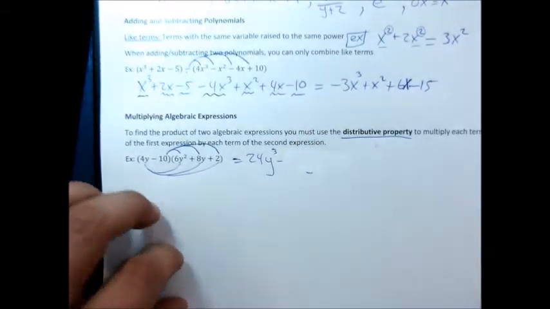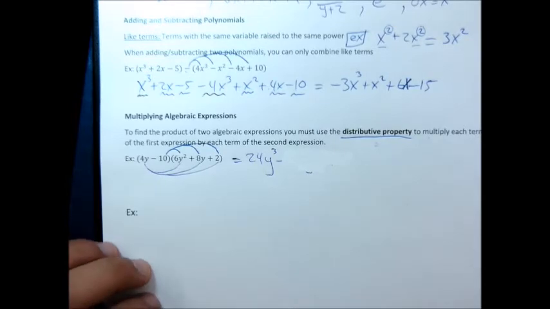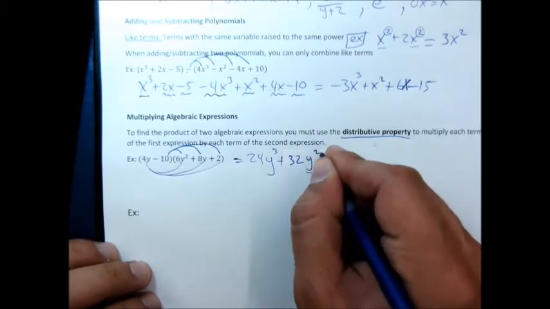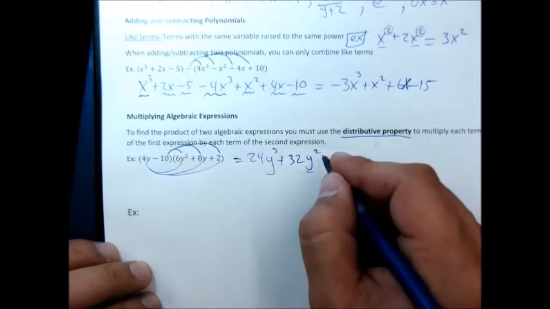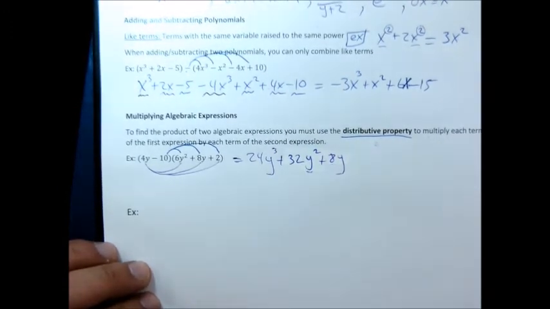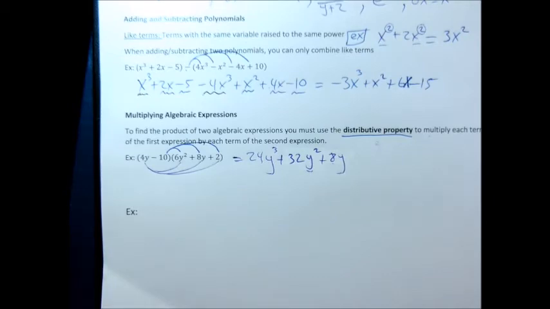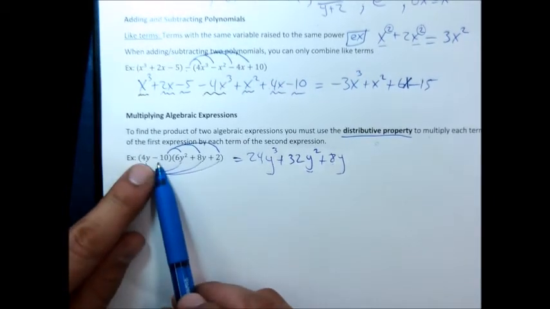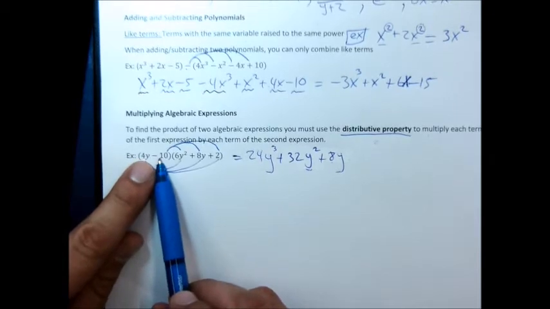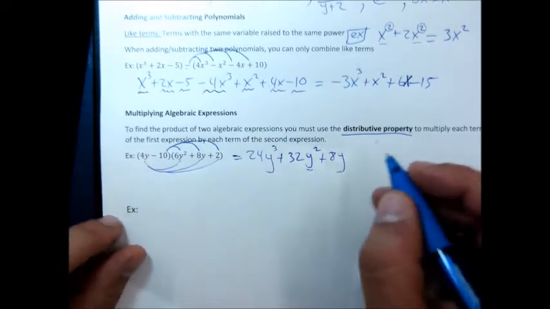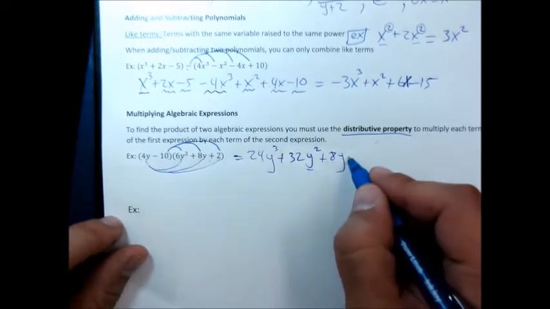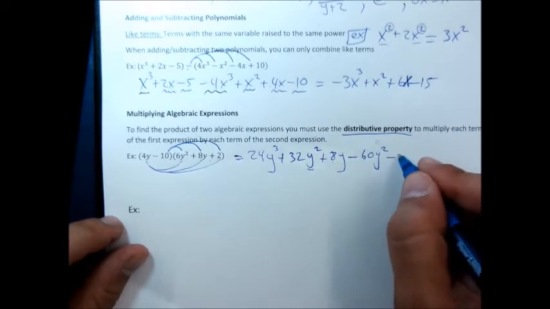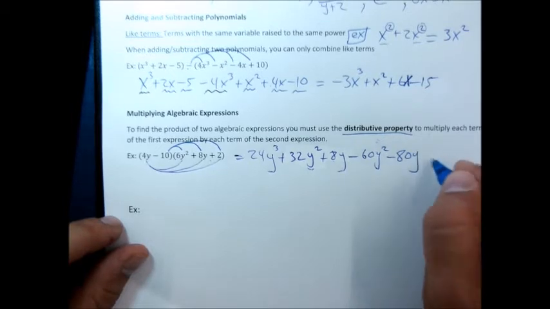We get 24y cubed plus 32y squared, 4 times 8, yep, and then plus 8y. So that's multiplying the first one through. And then we multiply the minus 10 through. Don't forget that this minus sign comes along with the 10, right? And so it's going to switch all the signs in the next one too. So we'll have a minus 60y squared, we'll get a minus 80y and a minus 20.